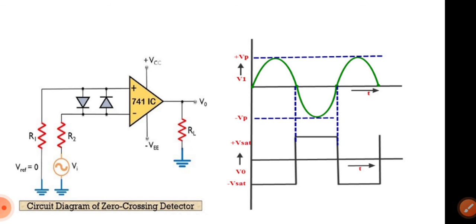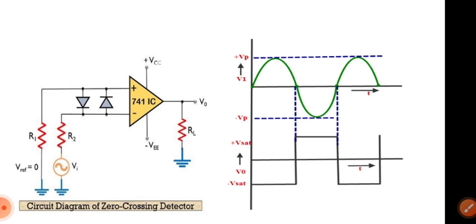On the other hand, because of the noise at the op-amp's input terminal, the output V0 may fluctuate between the two saturation voltages, the positive saturation and the negative saturation, detecting the 0 reference crossing for the noise voltages as well as Vin.